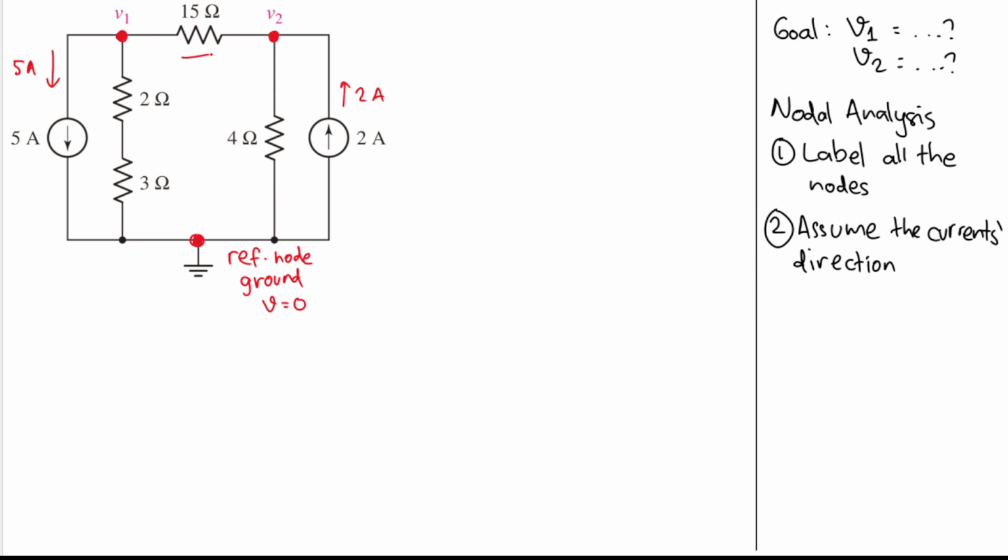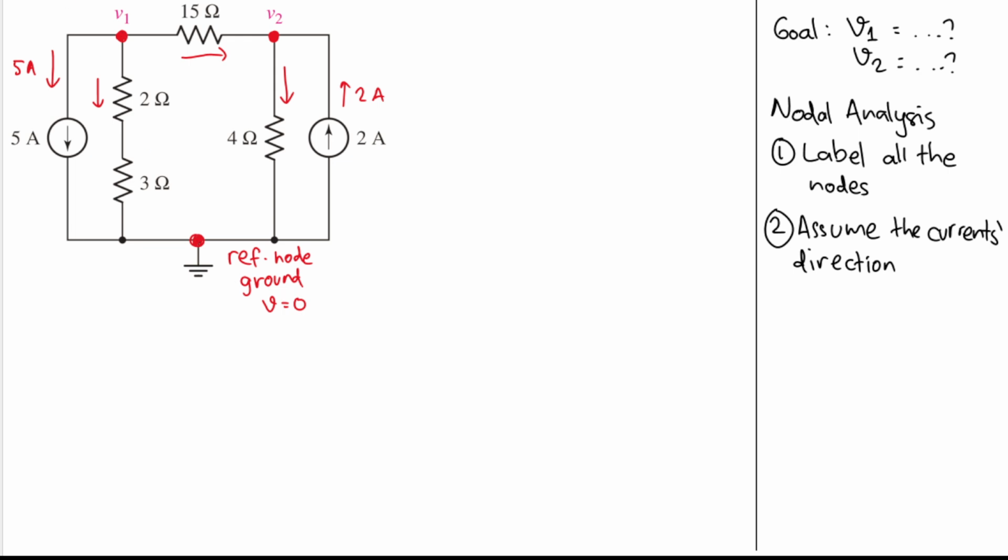And then for the vertical branch, I usually assume it going down here. And remember, because the 2 ohm and 3 ohm are in series, this is the same current. And then this one here also going down, right? I think we have labeled all the branches, because we already know this branch, we already know this branch, and we have 3 other branches: 1, 2, and 3. Good. And we have done the second step.